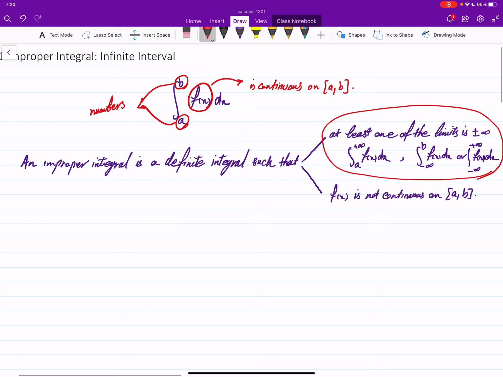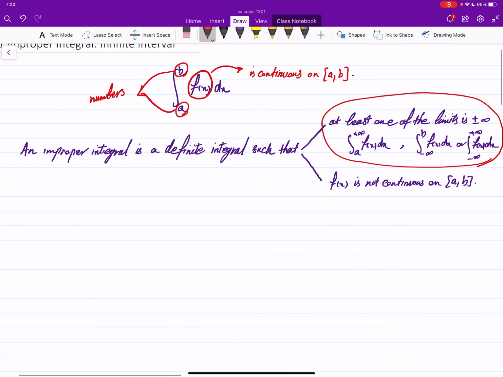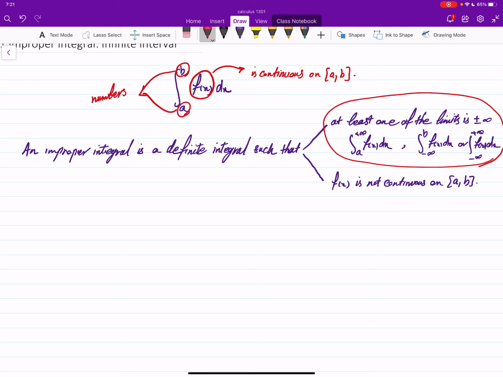Okay. Before I start the exact definition, I should put one key note here: when you talk about an improper integral, you're not dealing with just a definite integral.